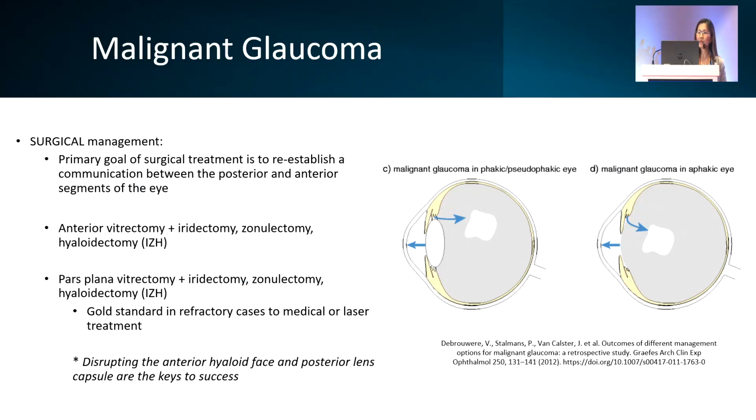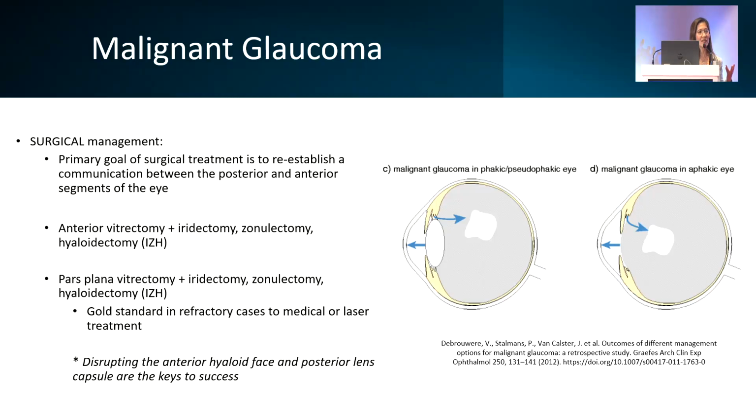For surgical management, the aim is to restore communication between the anterior and the posterior segments. Techniques like anterior vitrectomy combined with iridectomy, zonulectomy, and hyaloidectomy are an option.